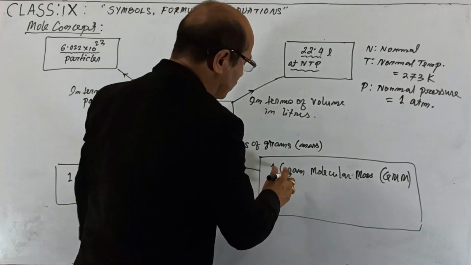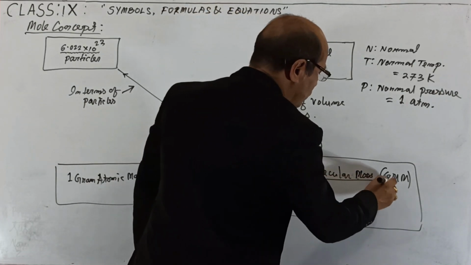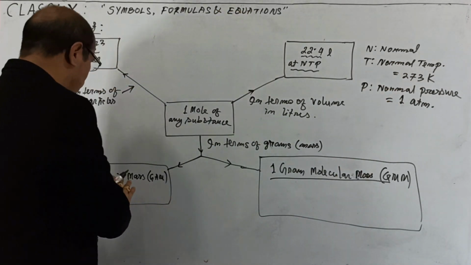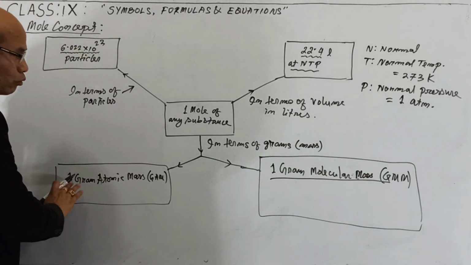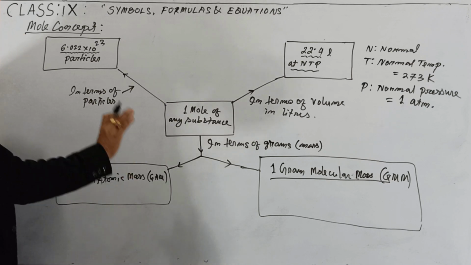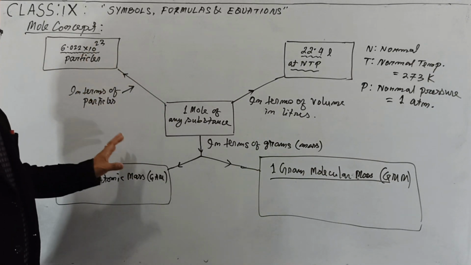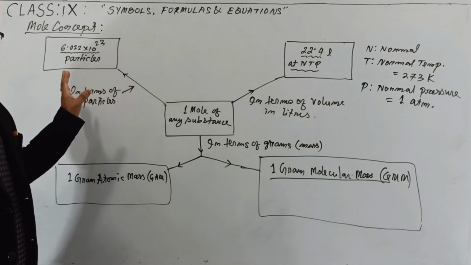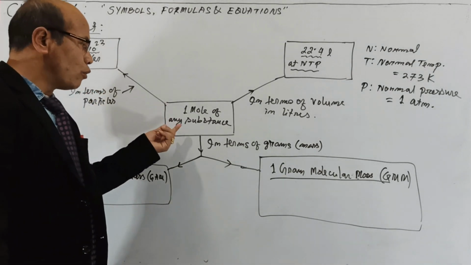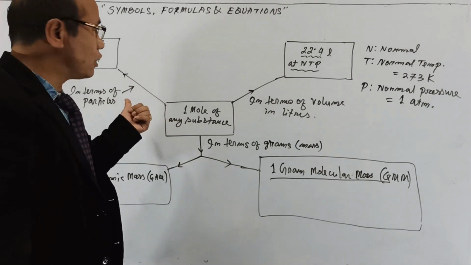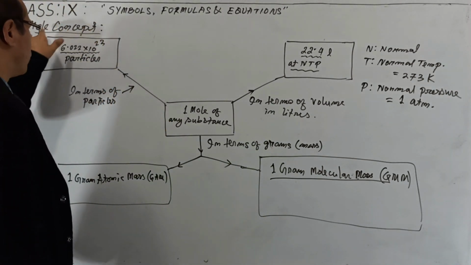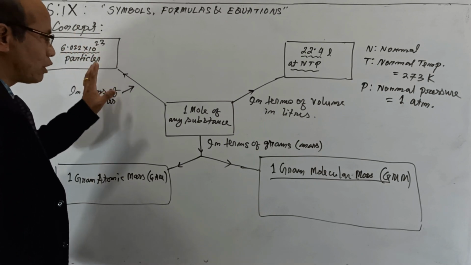If it is molecular state, then the mass in grams is equal to 1 gram molecular mass. And if the substance is in atomic state, then the mass of 1 mole of that substance in terms of grams is equal to 1 gram atomic mass. So this relation is called the mole concept. What the mole concept tells us is that 1 mole of any substance, when converted into number of particles, gives 6.022 into 10 to the power 23.